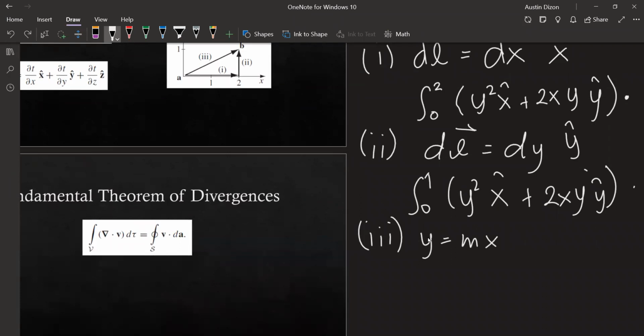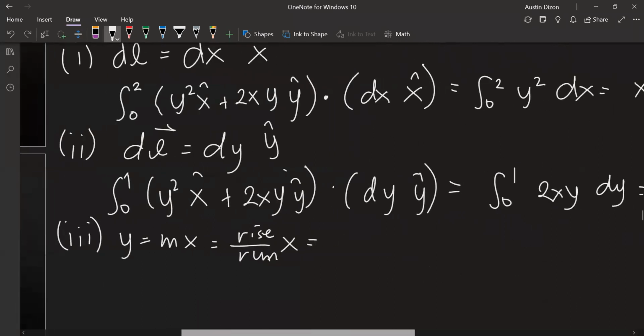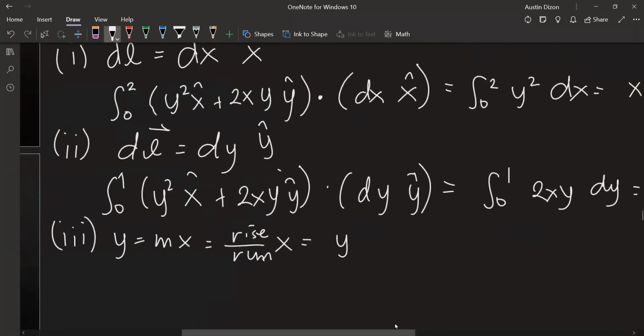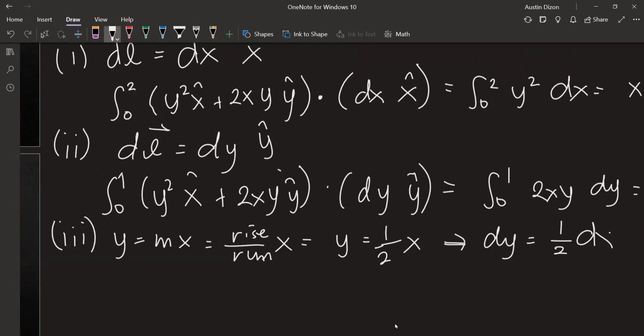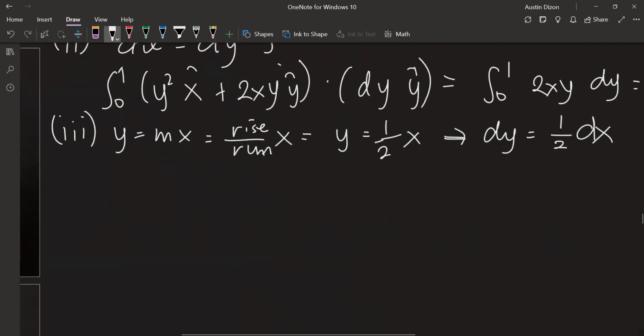So, y is equal to mx, and this is just rise over run. Ano yung rise mo? It's just 1. Then yung run mo is 2. So, y is equal to 1/2 x. And the derivative of this gives us dy is equal to 1/2 dx. Nice, di ba?